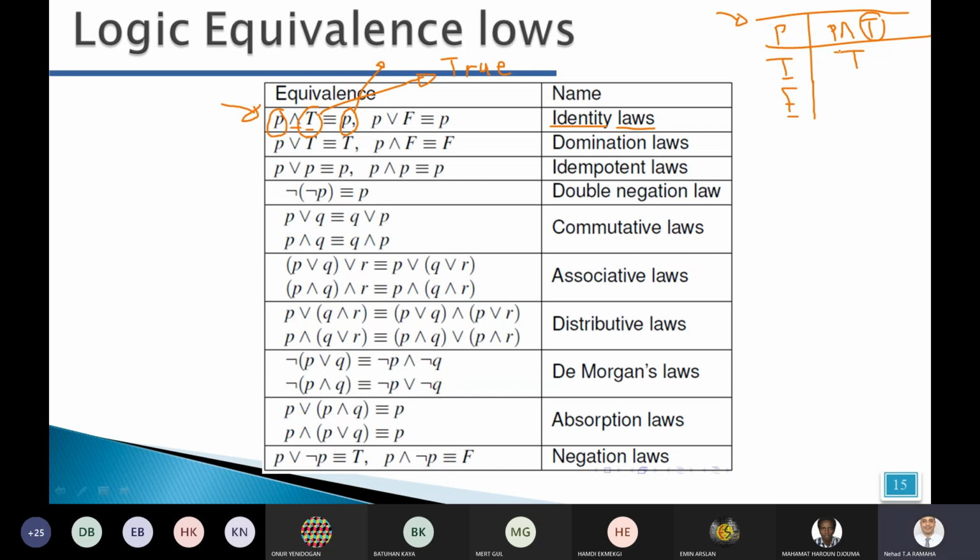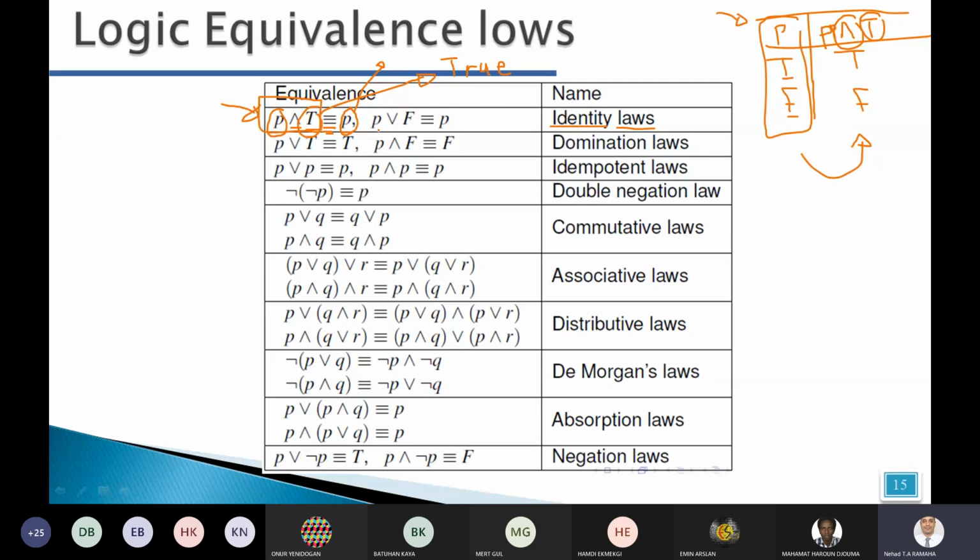P here false, false and true will be false because we have an AND operator. So P here defines the result. That's why this compound proposition is logically equivalent to P, because P will give you the result.